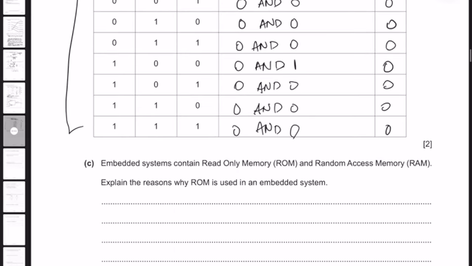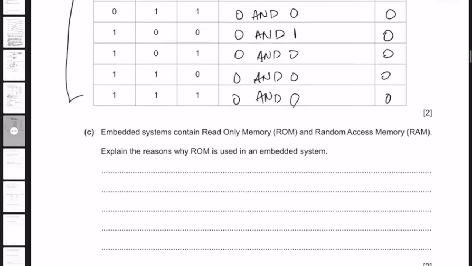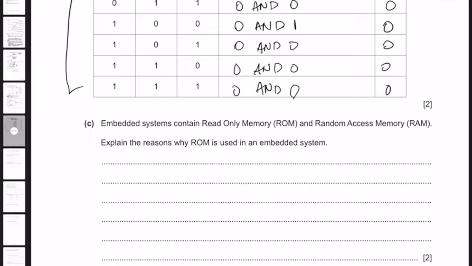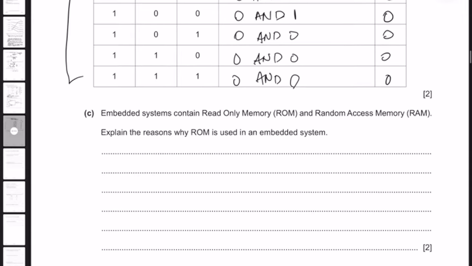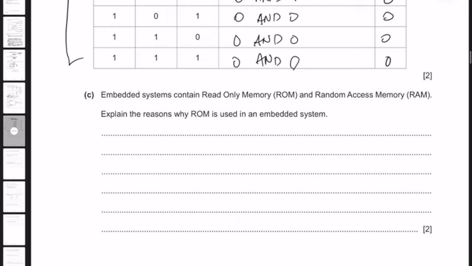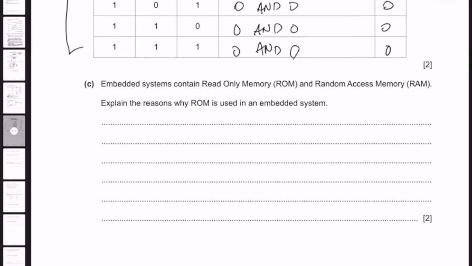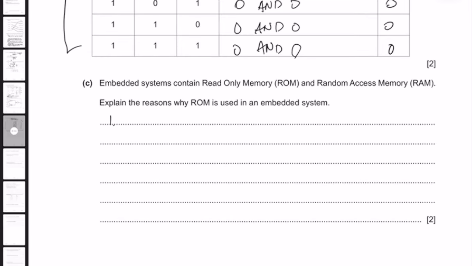Okay, next one. Embedded systems contain read-only memory and random access memory. Explain the reasons why ROM is used in an embedded system. Okay, firstly, it stores the data that doesn't change.